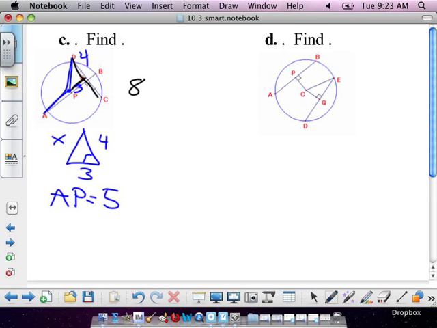One more? F. You had F? Sure. This length is 3. This length is 8, so I know each half is 4. The radius from here to here are both the same. So then I have a right triangle. 3 squared plus 4 squared equals x squared equals 5. I know it's a 3, 4, 5 triangle, so I just skipped the Pythagorean theorem.